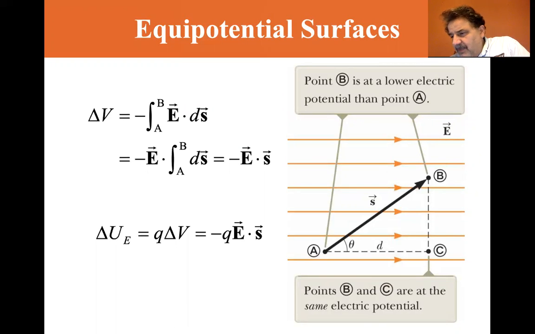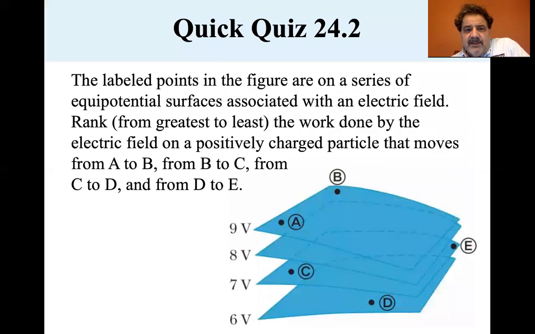And I lost my place here. This indicates, where is it? I thought I had it highlighted, that this is a conservative electric field, just like the gravitational field is conservative. It doesn't matter the path you take to get the change in potential. Okay, let's look here.